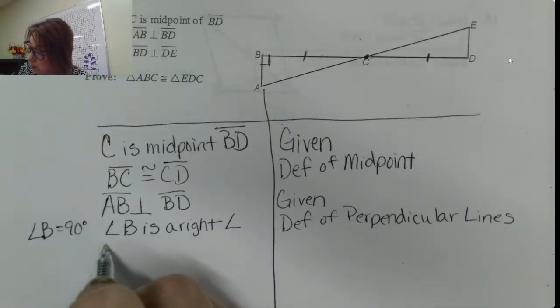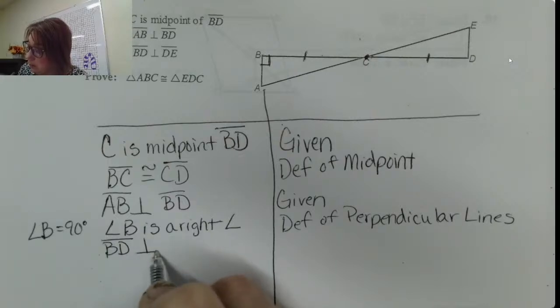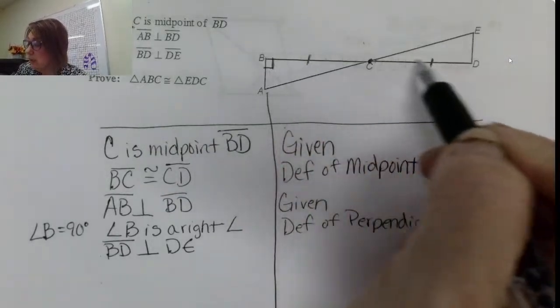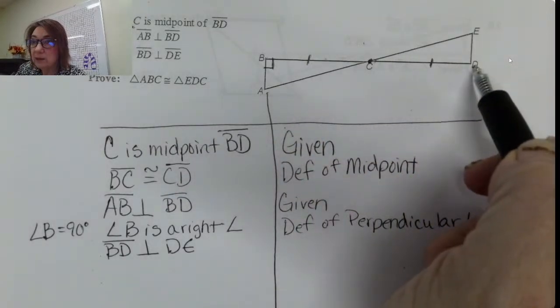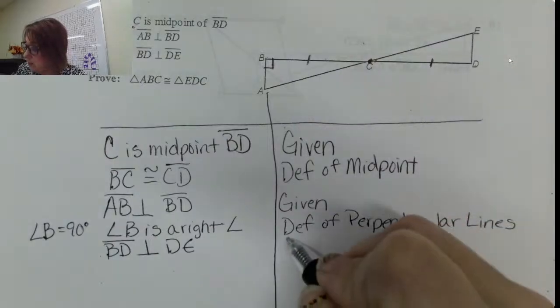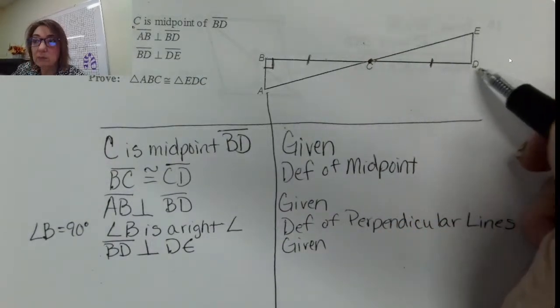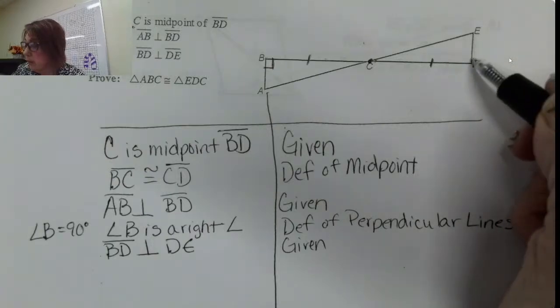They said BD is perpendicular to DE. So here's DE, right? Here's BD, right? I need to write given over here. So what does that tell us about those two? That's a right angle.